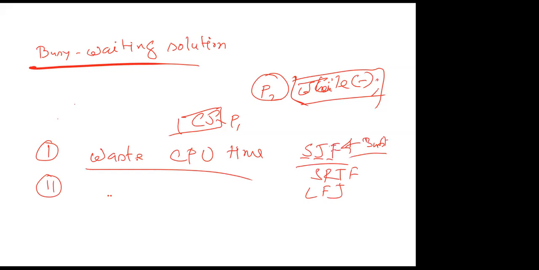So if your scheduler is a priority based algorithm, then a busy waiting solution actually causes a problem called the priority inversion problem.